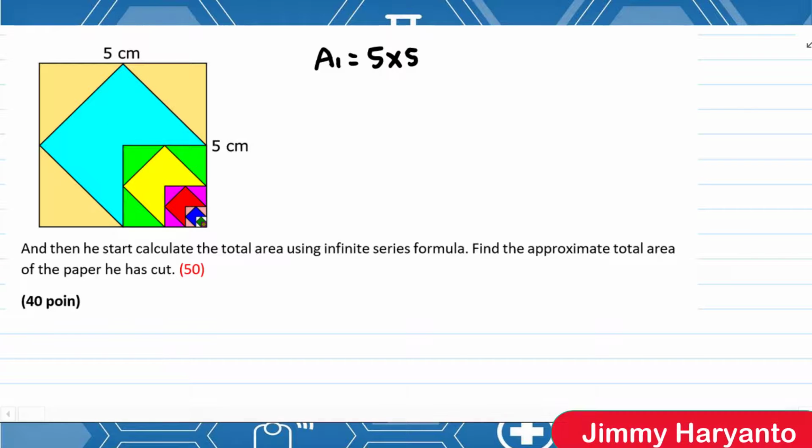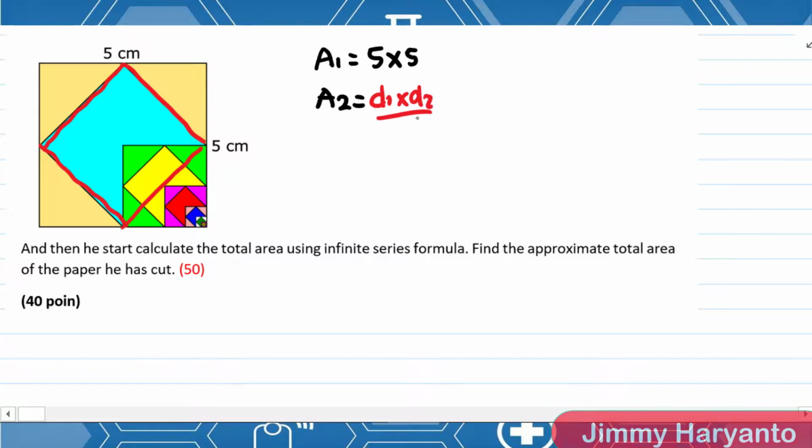And then for the second area, you can see this square as a rhombus. The formula for the area of a rhombus is diagonal 1 times diagonal 2 over 2.